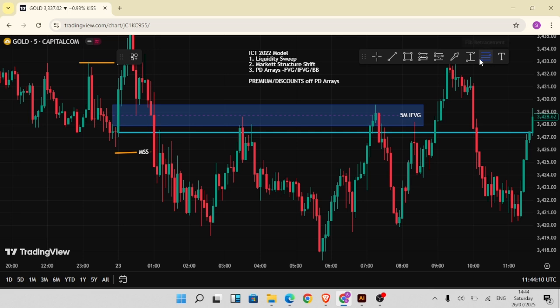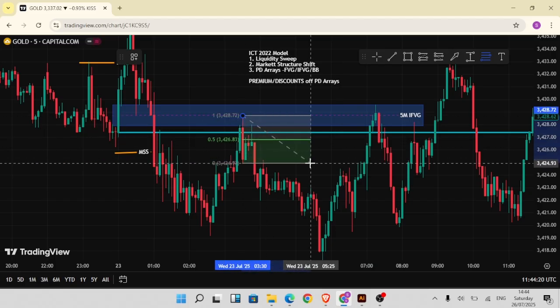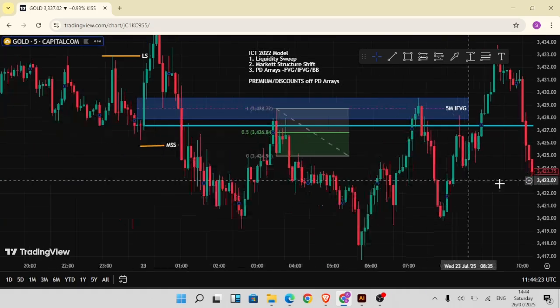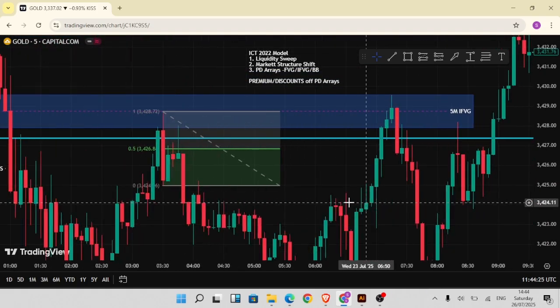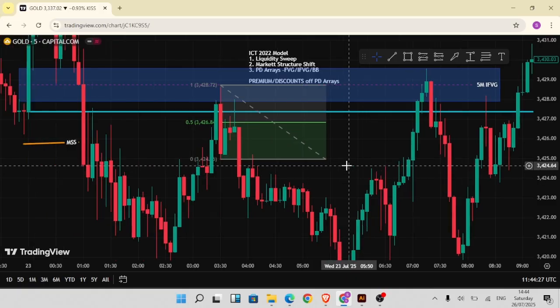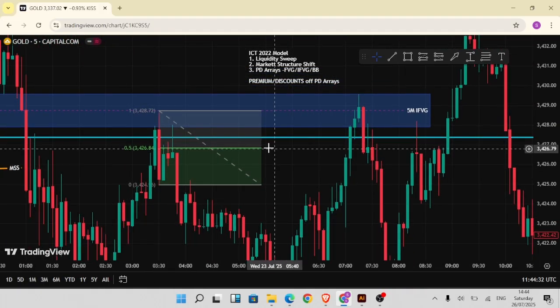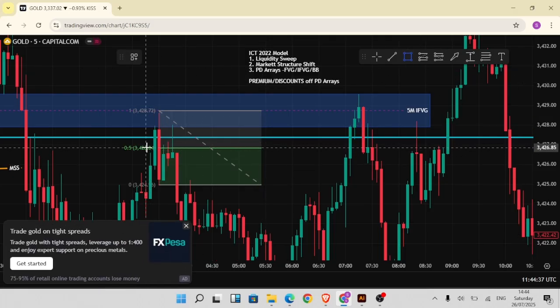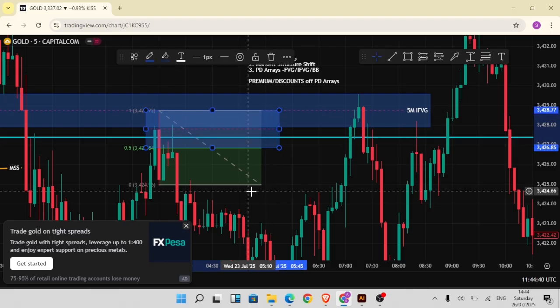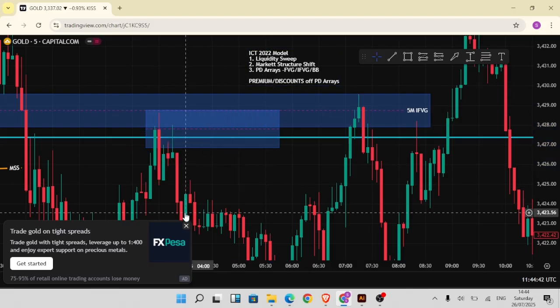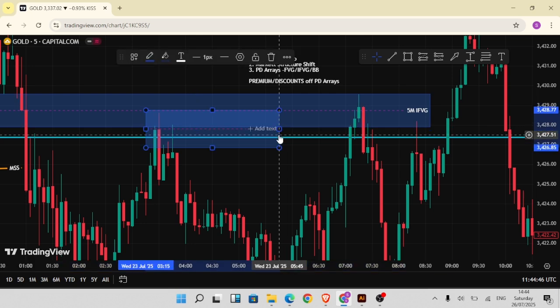Now we have this engulfing candle of this 5-minute fair value gap. This engulfing candle will give us a premium and a discount, and because we are looking for sales, we only take sells from the premium of this engulfing candle. If I mark this premium, it is the upper side of this area.